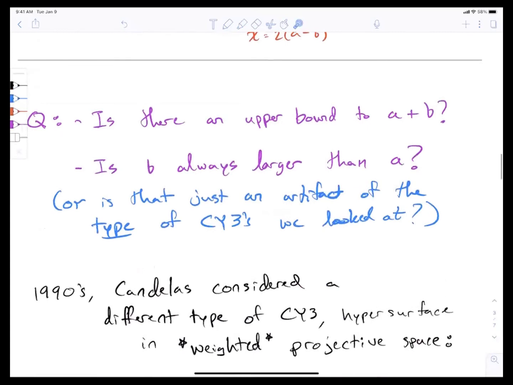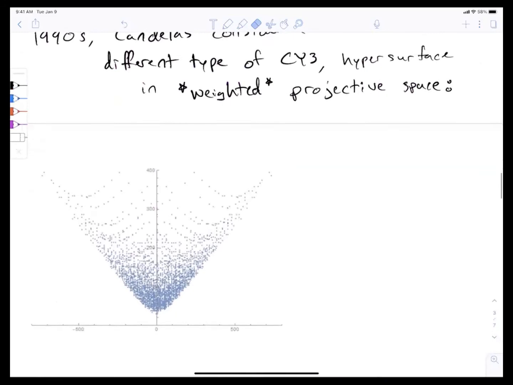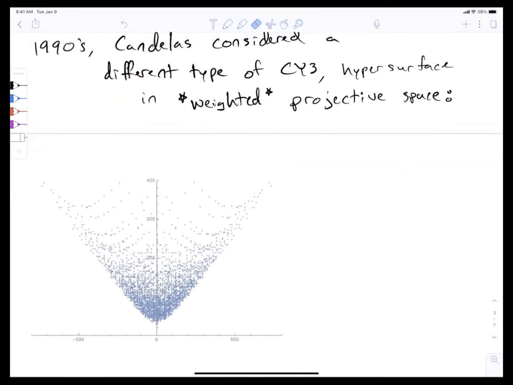Candelas generalized this just slightly by looking at Calabi-Yau threefolds inside weighted projective space. And so here's the graph that Candelas got, which looks quite different from the one we saw before. So looking at weighted projective spaces, we get 7,555 data points.